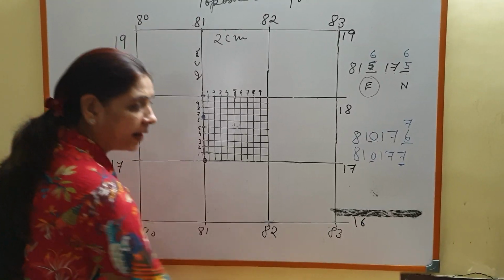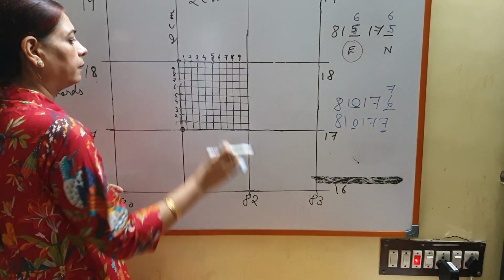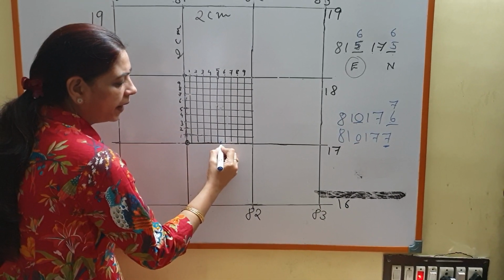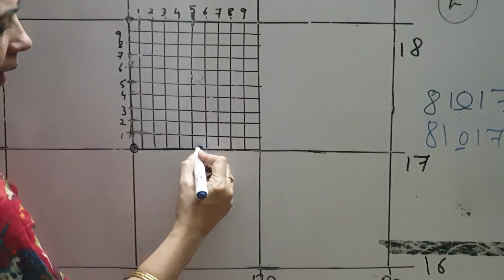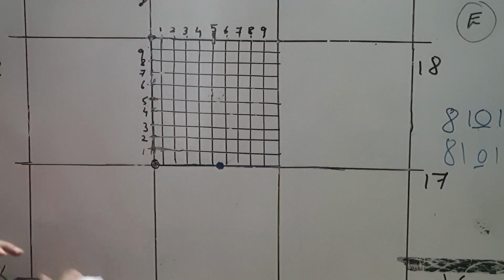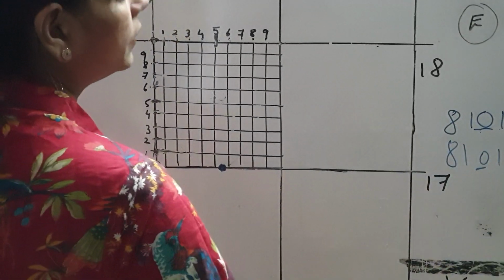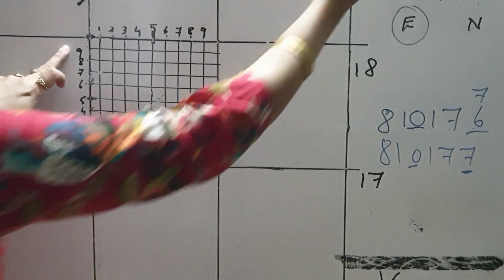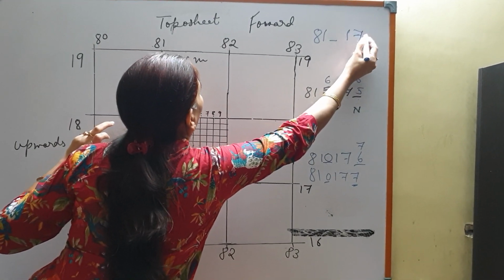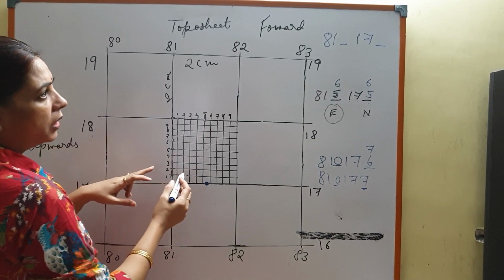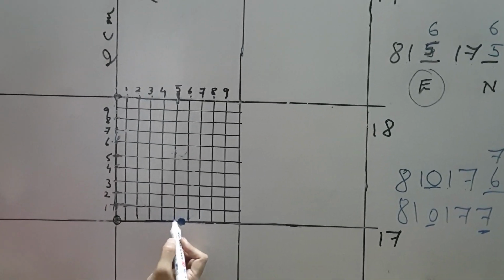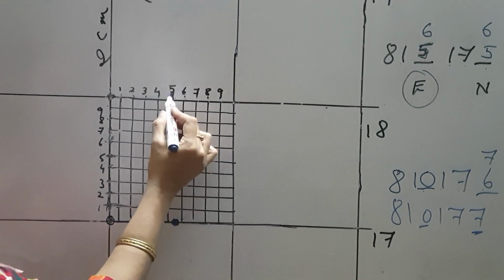Same way, if I ask you to find out the 6-figure grid of a perennial well which is on this place, it's on the northing. So now the 4-figure grid will be 81, 17, and the third value of the easting will be between 5 and 6.